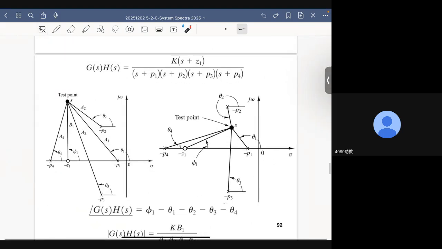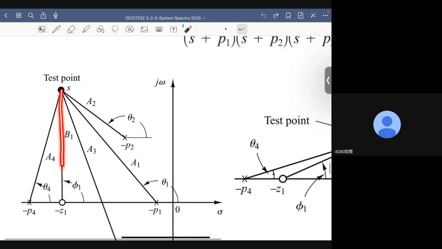Now, to determine its polar coordinates, all I need to do is draw a vector connecting minus Z1 and s.